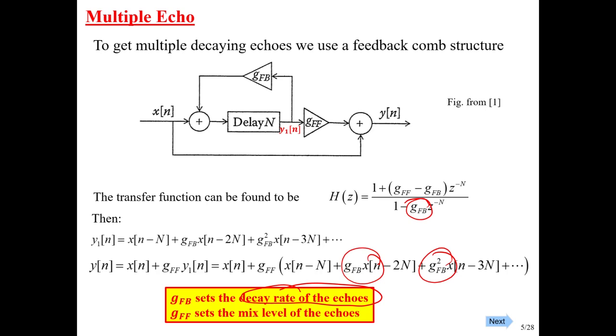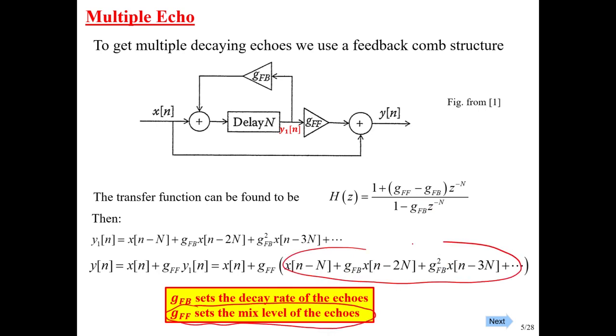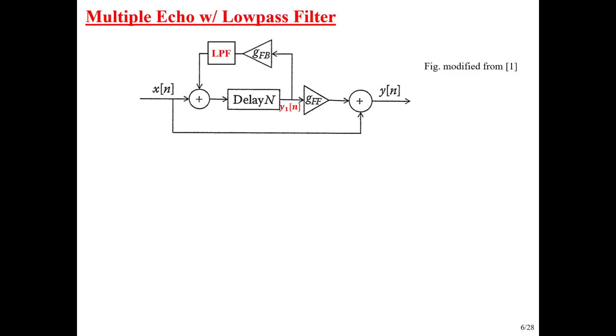And typically these are set to be positive numbers, so set between 0 and 1. And then this just controls the level of the whole echo thing relative to the original. So 2 nice controls. Okay, how can we make this better?